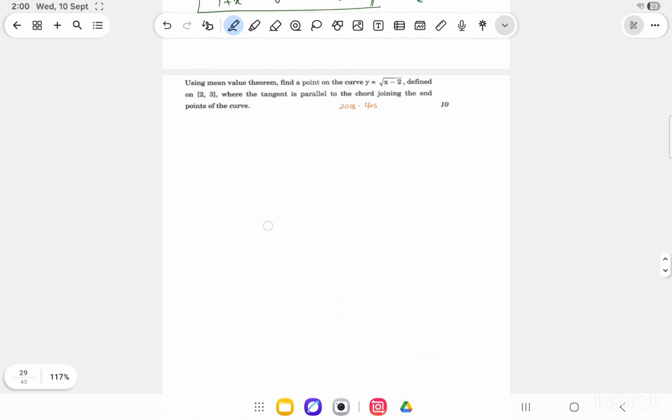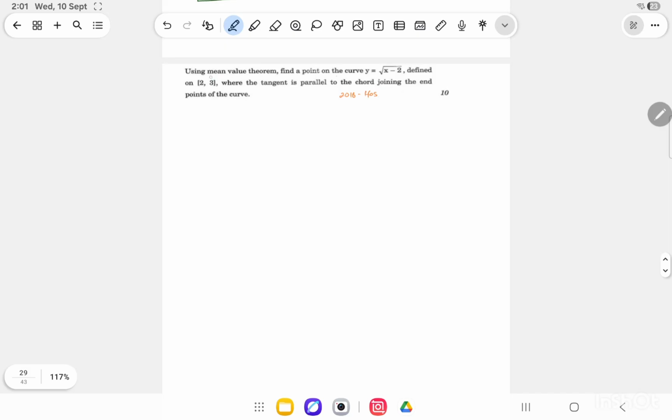In the next question we are supposed to use the mean value theorem and find a point on curve C defined on [2, 3] where the tangent is parallel to the chord joining the endpoints of the curve. We are given a function y equals under root x minus 2, defined on [2, 3]. So we are supposed to find a point in between 2 and 3 such that the tangent at that point is parallel to the chord joining the endpoints of the curve.